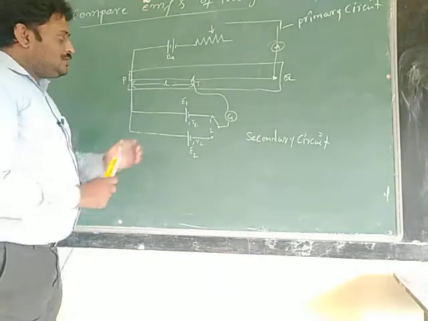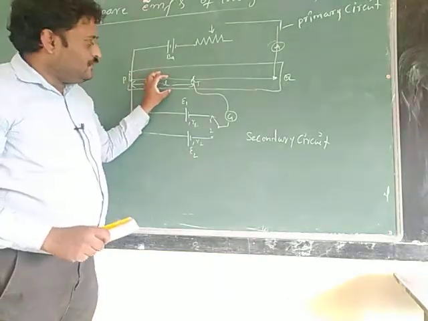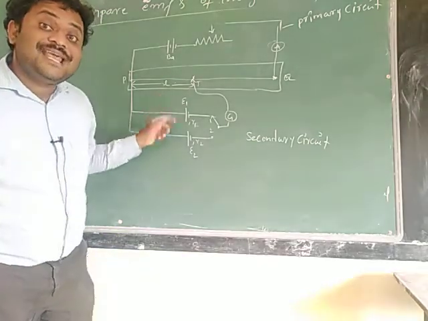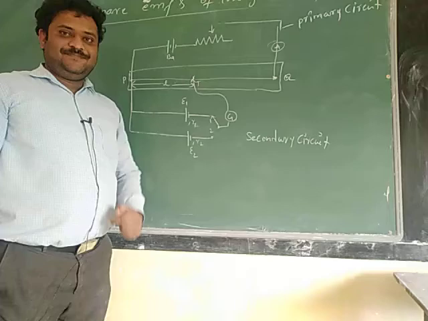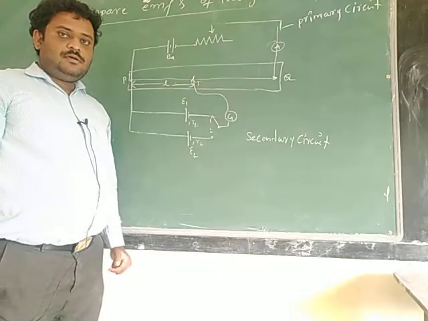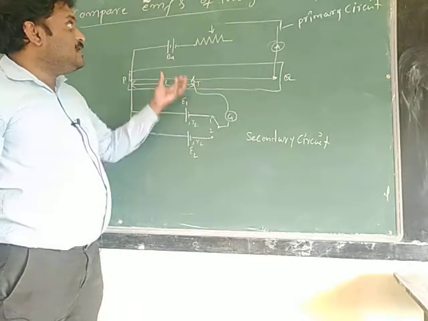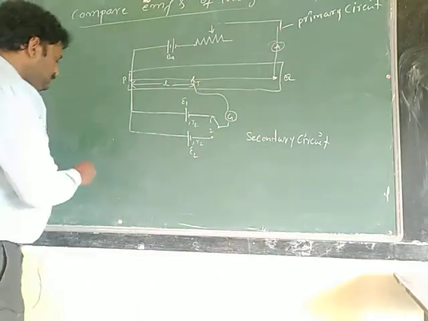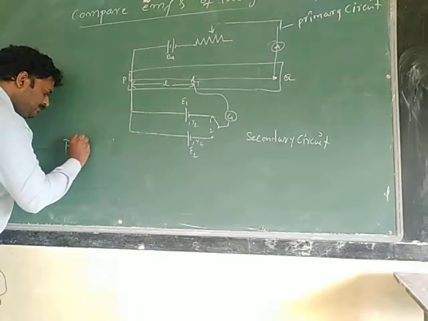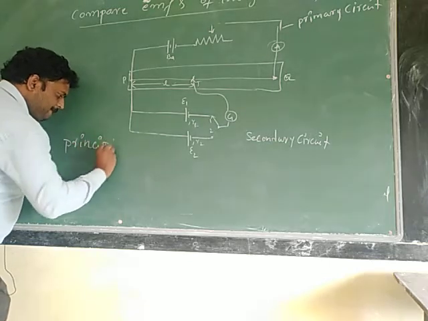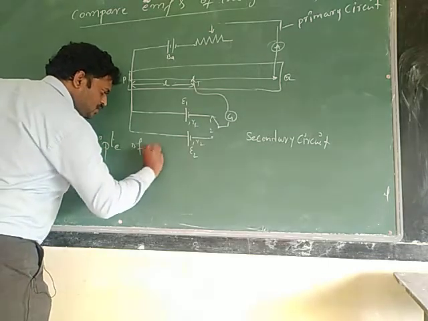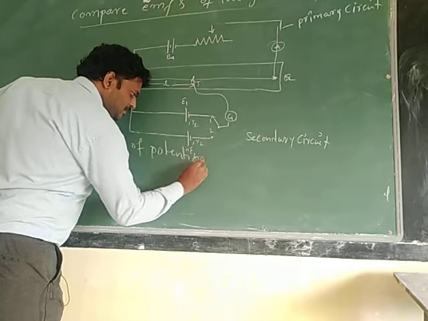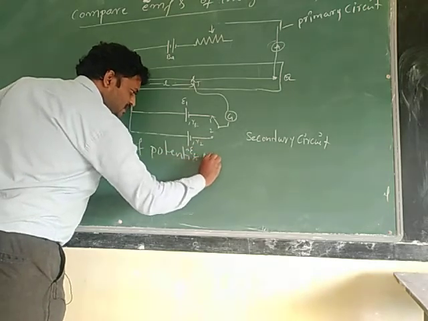And that balancing length is directly proportional to the EMF of the cell in the secondary circuit, which is what we call the principle of a potentiometer.